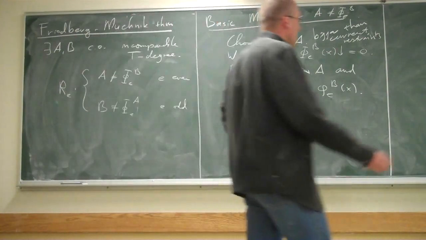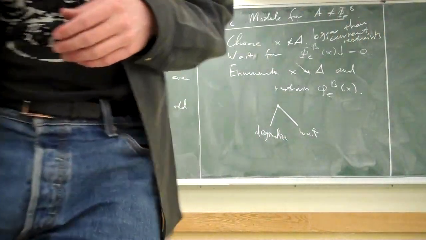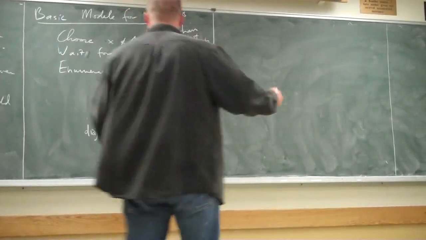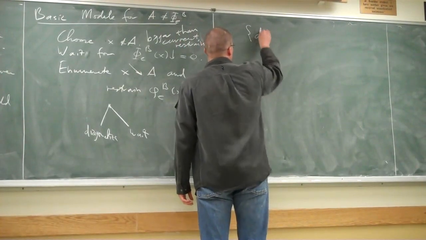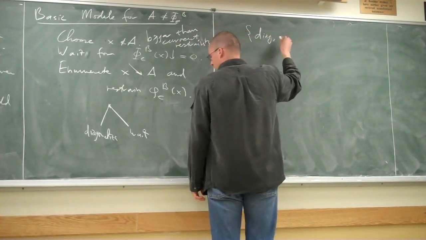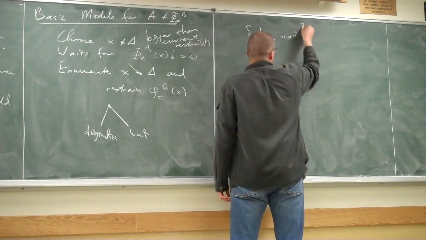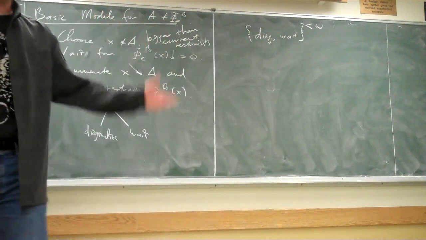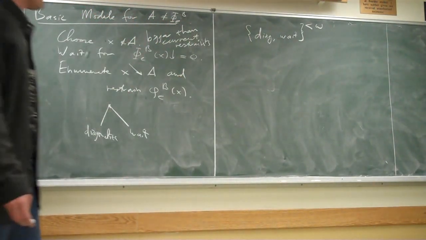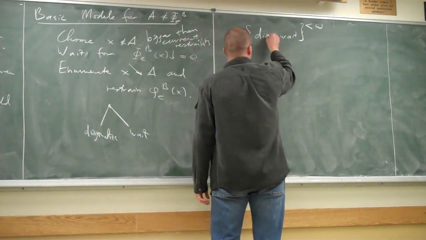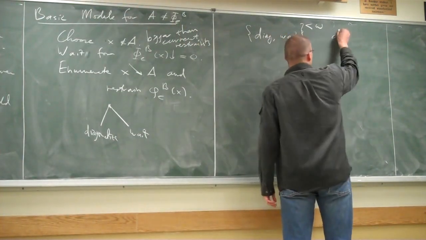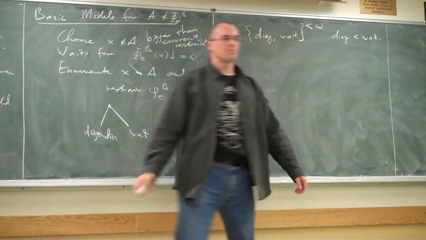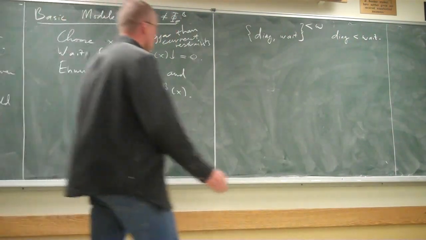So what happens is that now I can draw a picture. A full binary tree labeled with diag and wait, and let's presume that diag is less than wait. But you have this full binary tree.